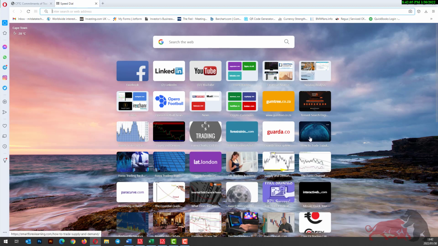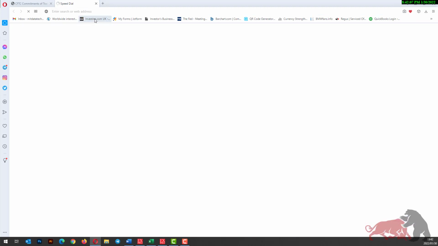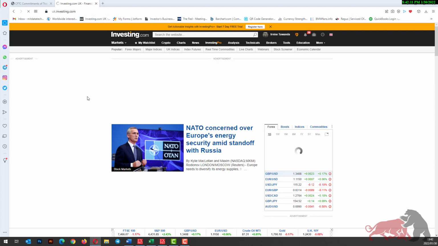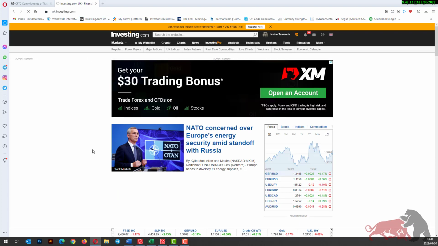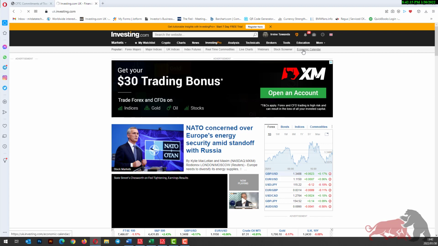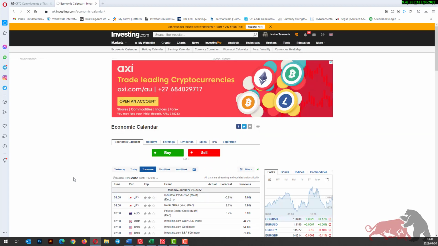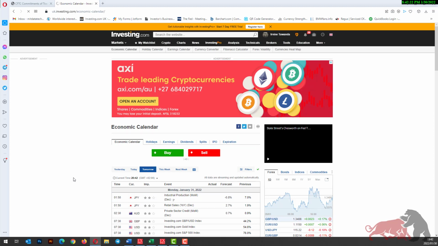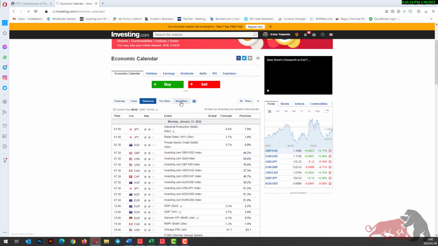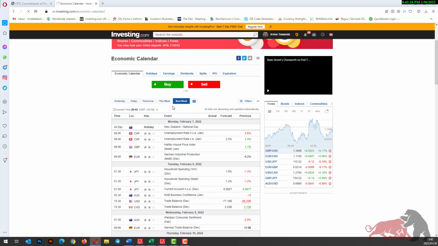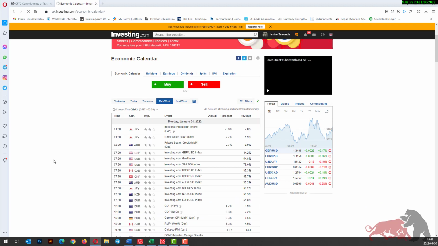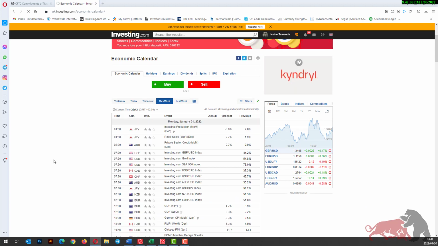Then when we look at the upcoming week's calendar, I always use investing.com, guys. That's the one I use for my calendar to see what's coming up in the following week regarding the currencies that I'll be looking to trade. Today's Sunday already, so that's the beginning of the week.